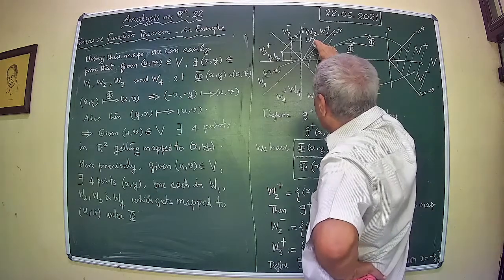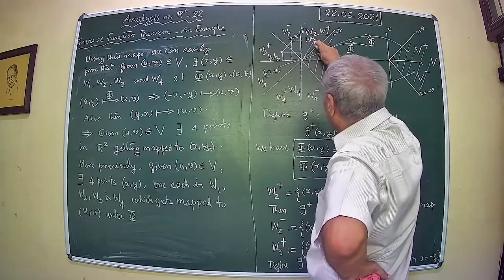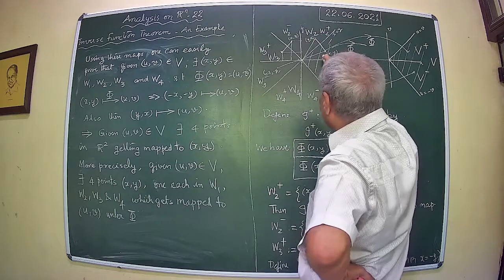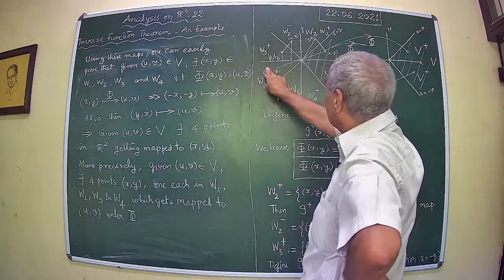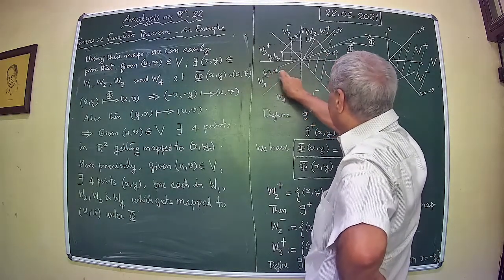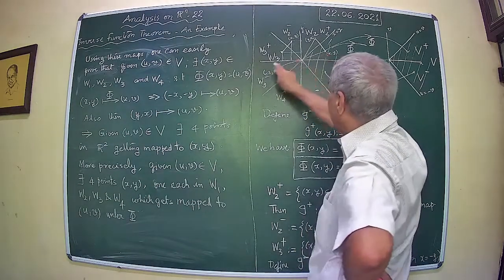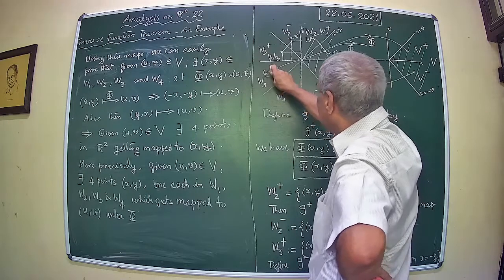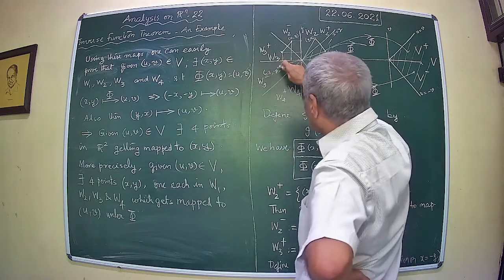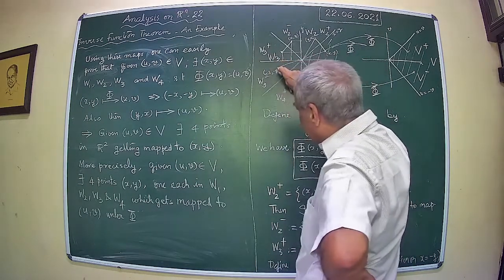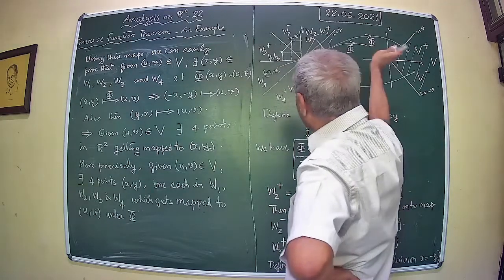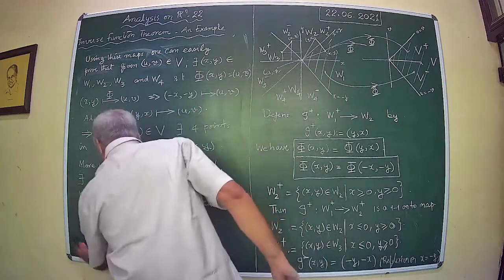Okay. Now what you do? You take XY and take minus x minus y. Minus x minus y, if xy is in W1, then minus x minus y is in W3. So that also gets mapped to the same point. Okay, so let us start with this.